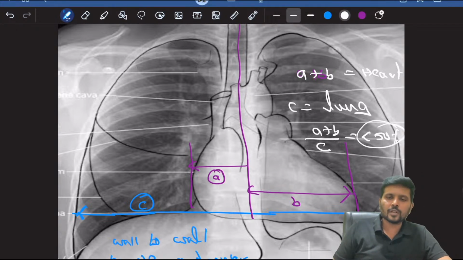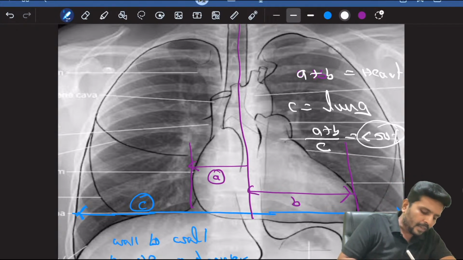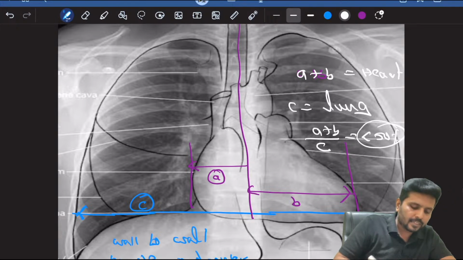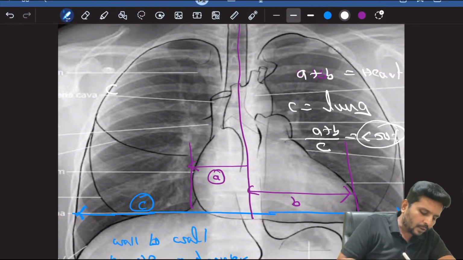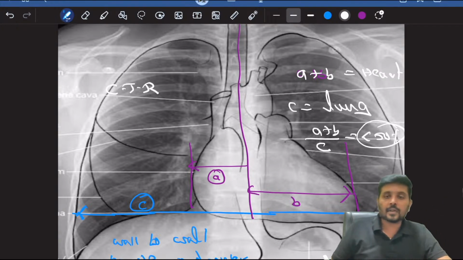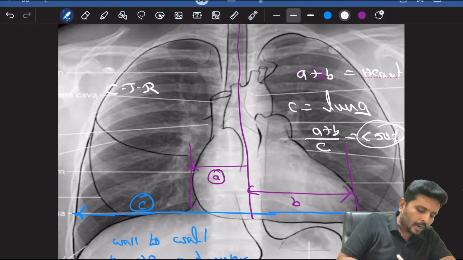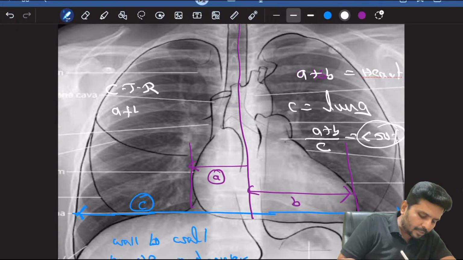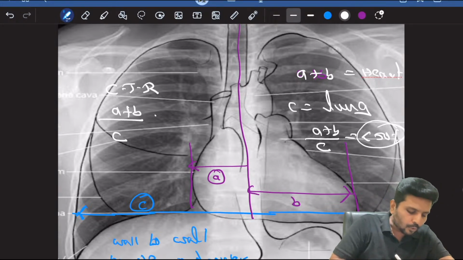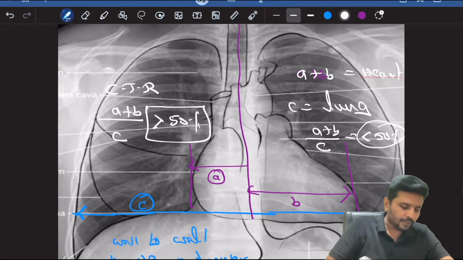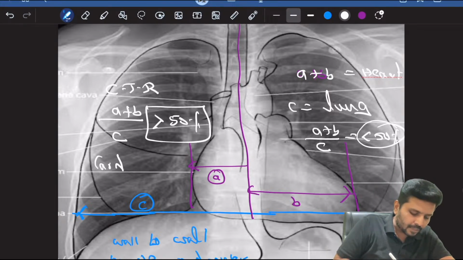This is the transcardiac distance and this is the transthoracic distance. The cardiothoracic ratio: cardiac distance is A plus B, thoracic distance is C. When this is more than 50%, the child is said to have cardiomegaly.